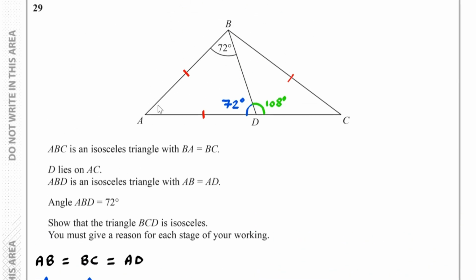Now we can also find out what this angle here is, recognizing that we have an isosceles triangle and angles in the triangle are 180.